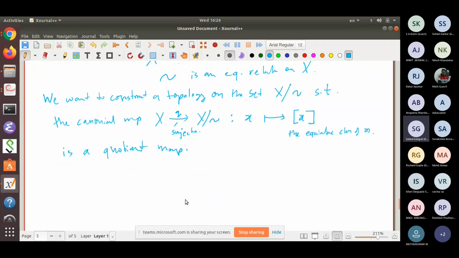And now we have learned how to do it. How to define the topology?